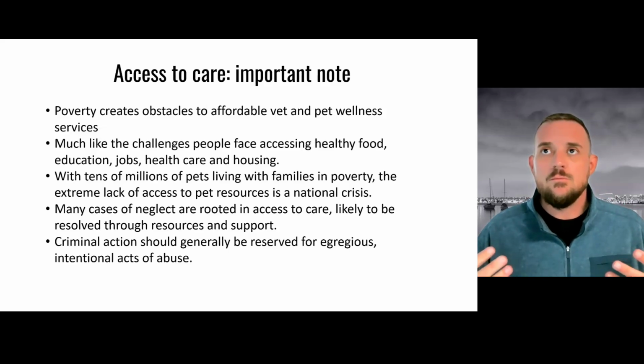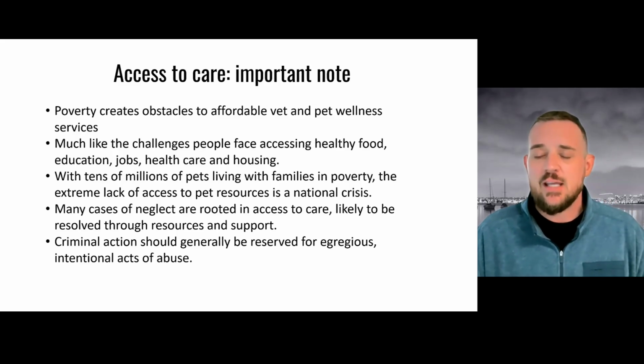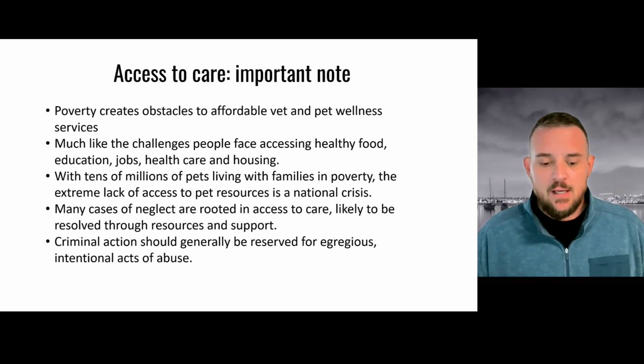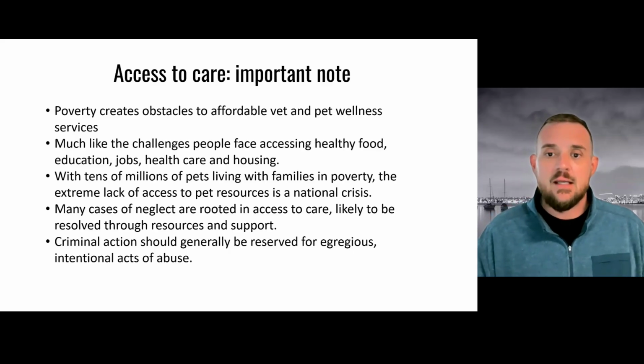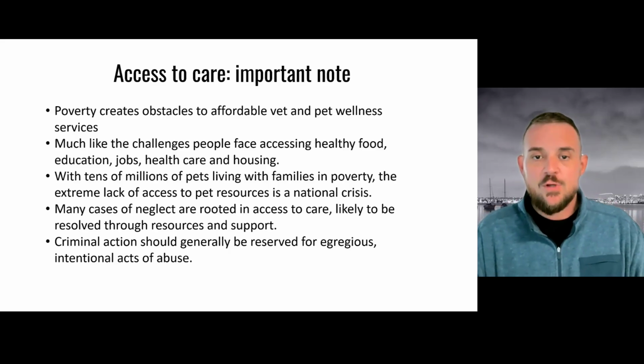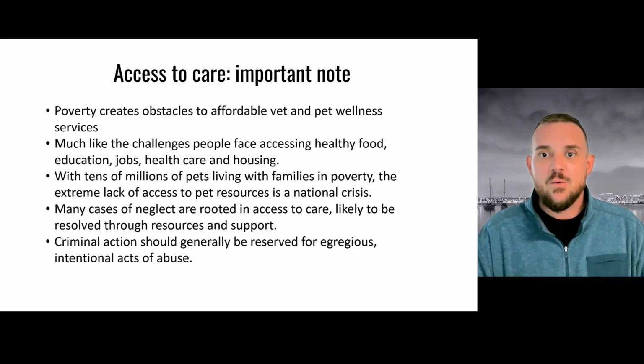So in today's world, I can't talk about animal cruelty, and I especially can't talk about neglect, without talking about access to care. Access to care is becoming a nationwide crisis for our pet owners, and it is on us as civil servants, if you're municipal, and the nonprofits that are out there trying to help owners, to really assess what the difference is for this owner between can't and won't.